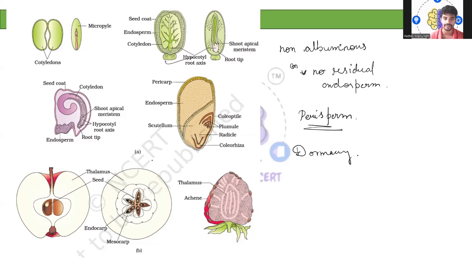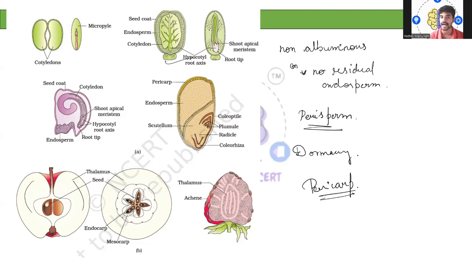Then the wall of the ovary gets developed into the wall of the fruit. So basically the wall of the ovary develops into the wall of the fruit, and these processes are stimulated simultaneously. The wall of the fruit developed from the ovary wall is called the pericarp.